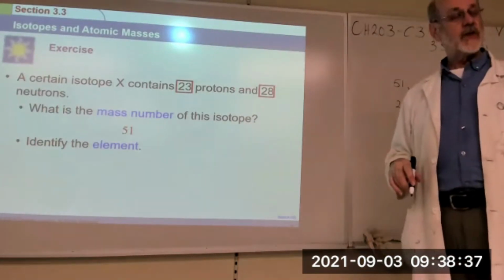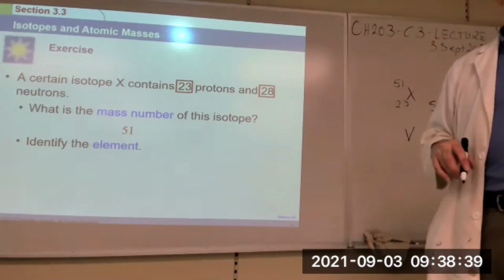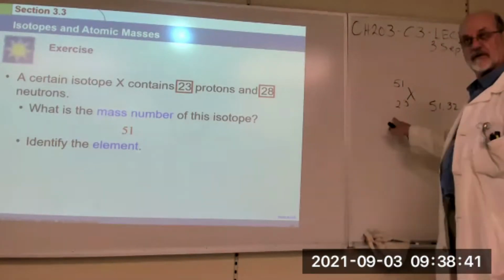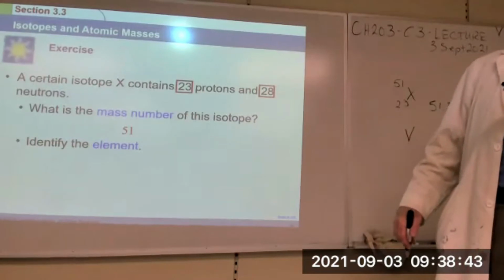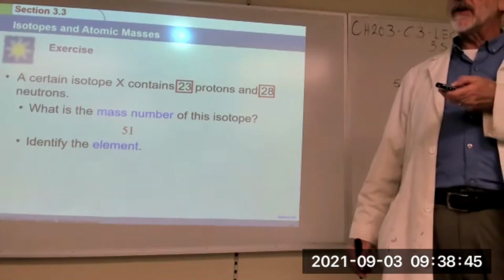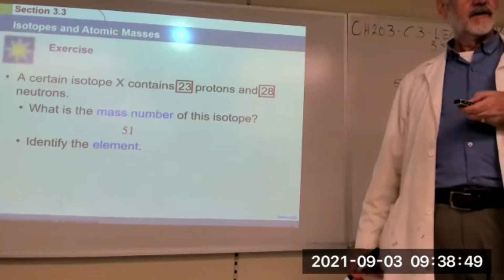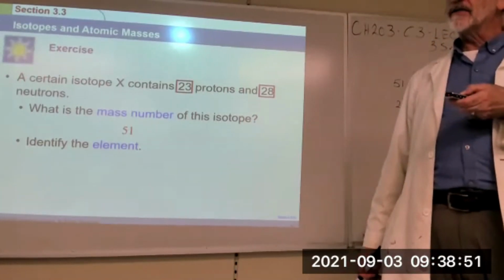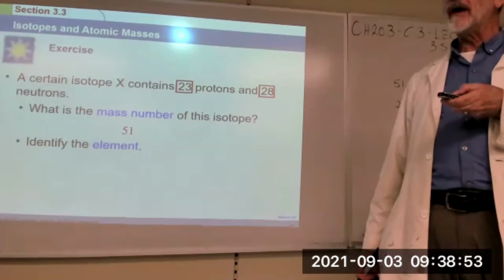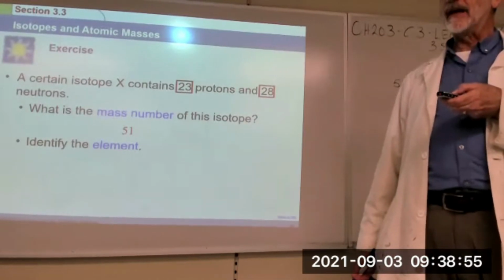You can still use that information to find out what element it is, even if you don't know the number of protons. Because for most of these elements, as you increase their atomic number, you're also increasing their weights. So you just look along there and see which one comes closest to the weight, and it's still vanadium.